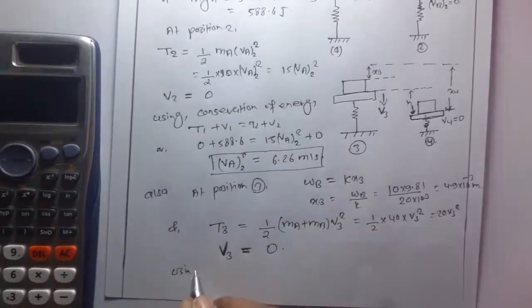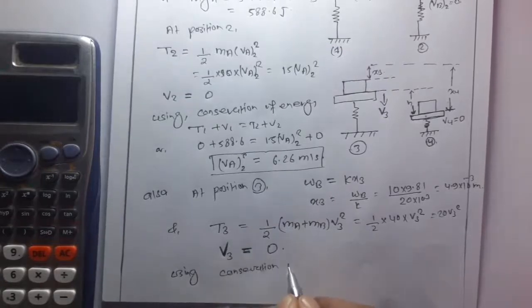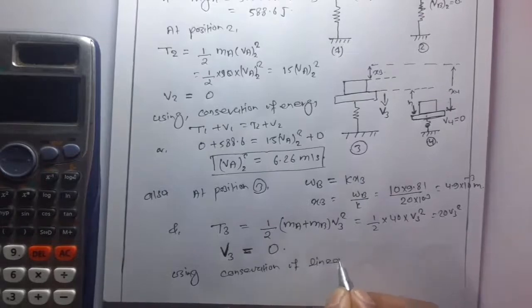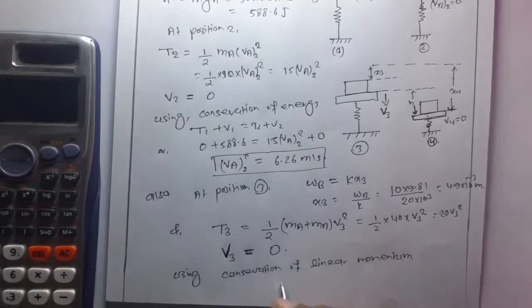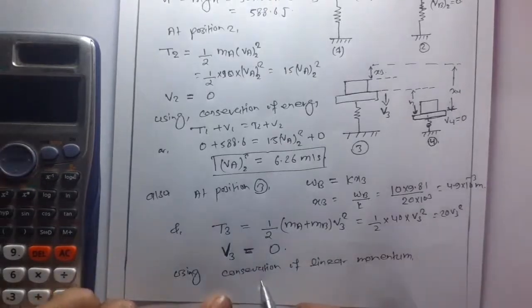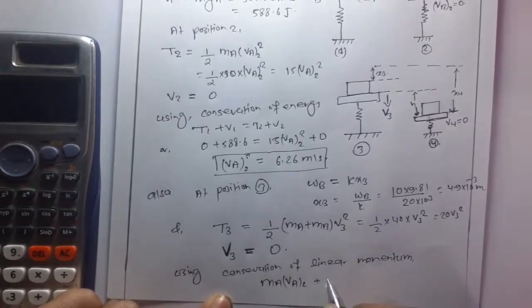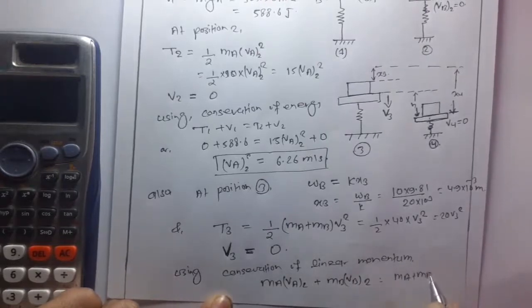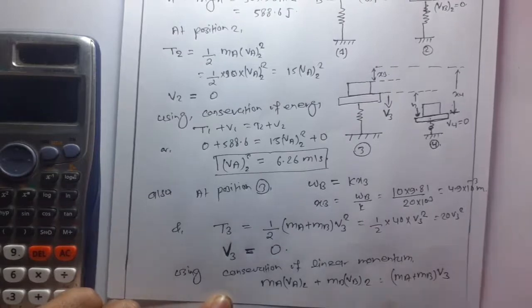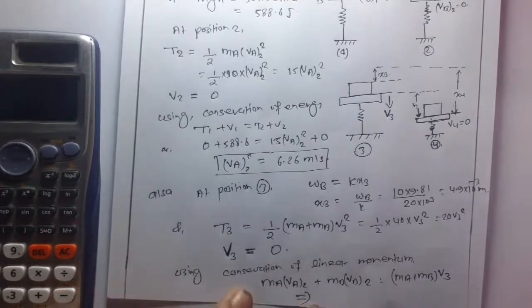Now using the principle of conservation of linear momentum, we can say MA VA2 plus MB VB2 is equal to (MA plus MB) v3.